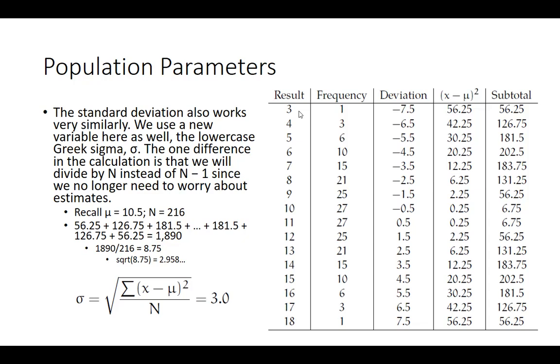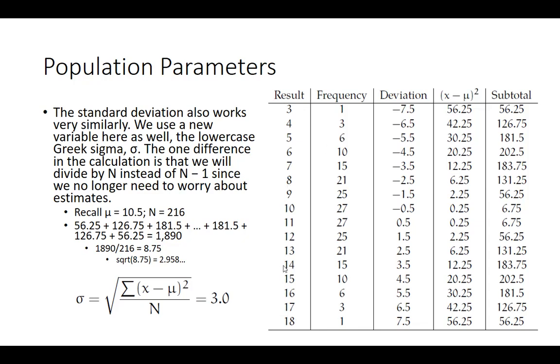Otherwise, we would have a huge table with 216 rows. There would be a 3, and then 4, 4, 4, and then 5, 5, 5, 5, 5, 5, 6 of those, and then 10 sixes, 15 sevens, 21 eights, 25 nines, 27 tens, 27 elevens, and so forth down the table until we had all 216 rows. We don't want to mess with that. So we'll leave this in frequency.